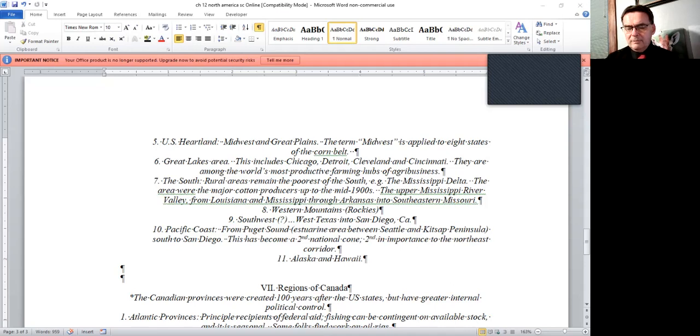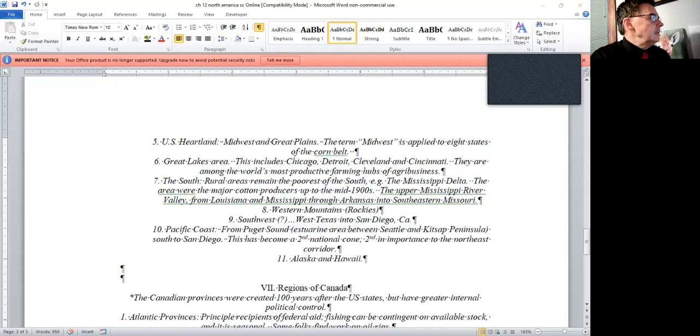The Great Lakes area, cities such as Chicago, Detroit, Cleveland, and Cincinnati are among the world's most productive farming and hubs of agribusiness. So Chicago, Detroit, Cleveland, right? They can overlap with the manufacturing region and Great Lakes area.